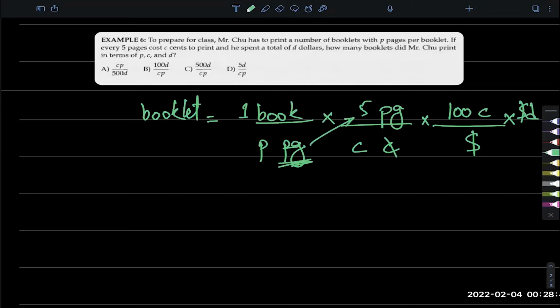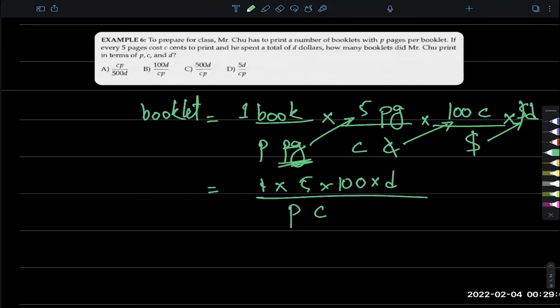So what's the cents' connection to the next thing? 100 cents per dollar. What's dollars' connection to the next thing? There are D dollars per book. So if I do this, I get 1 times 5 times 100 times D over P times C. That's my answer: 500D over CP.